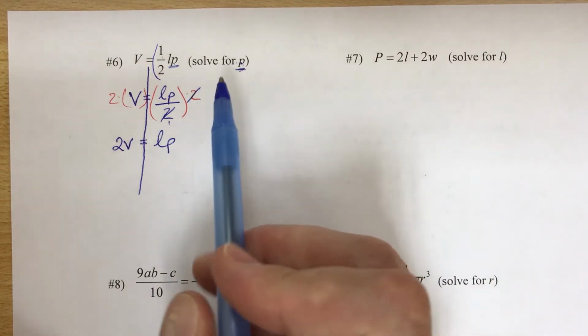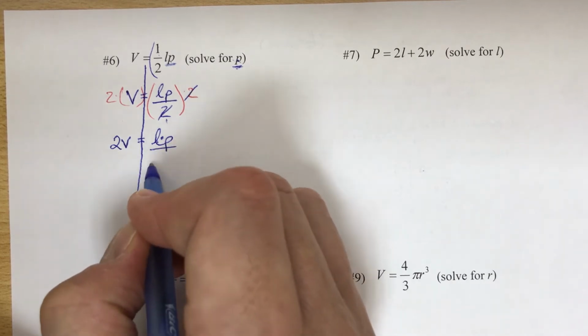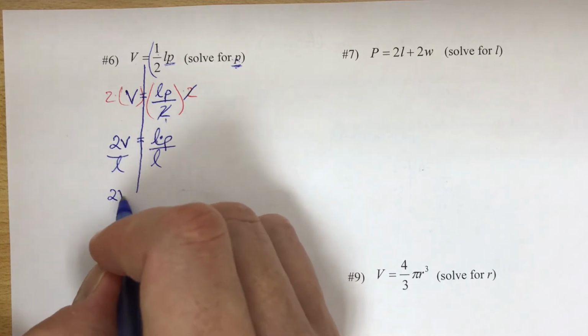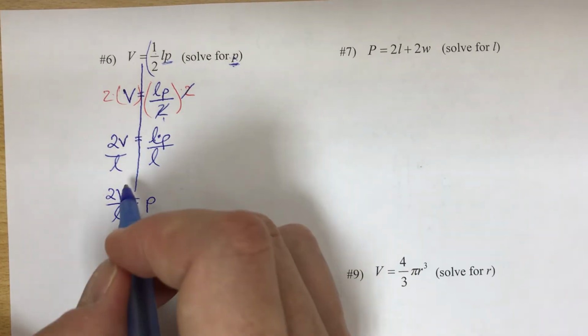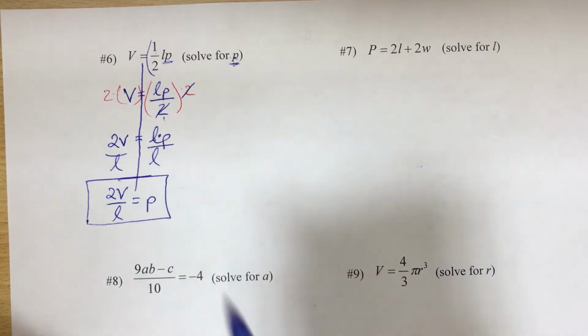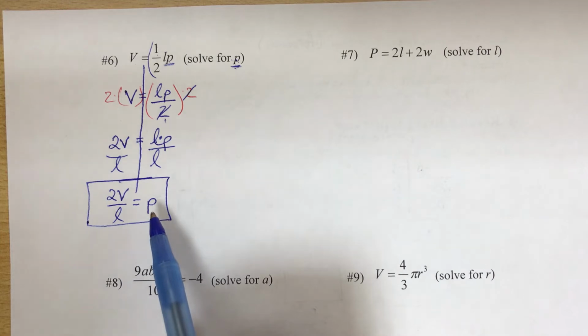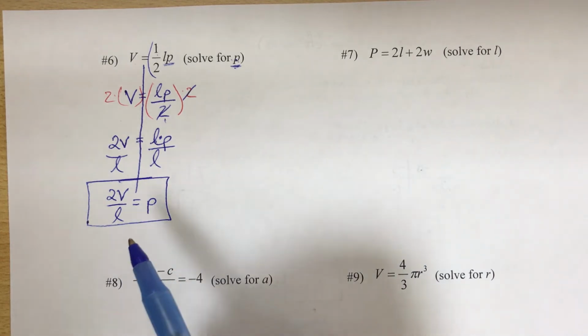Oh, we want P by itself. So this is L times P. To undo that, we will divide by L. And 2V divided by L equals P. That's it. Now it's solved for P. When you get it to P equals or L equals or W equals, you're done.